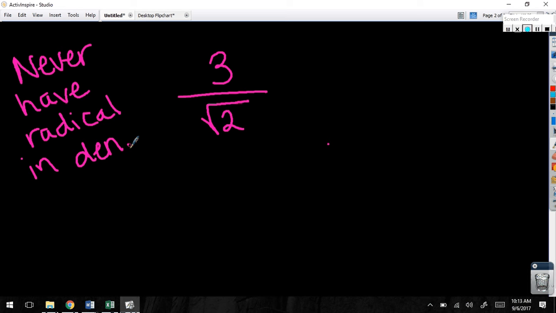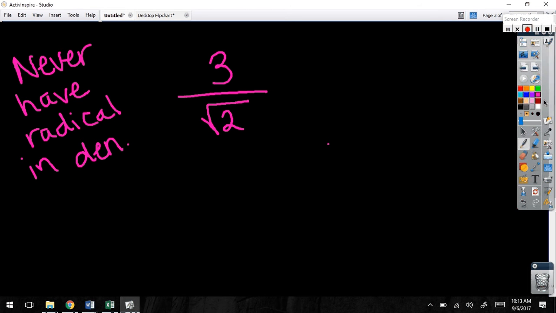So now I have to figure out what to do if that situation occurs. Can you think of anything I could do to make that radical go away? Multiply by the inverse, you are correct. Not just 2, by itself.